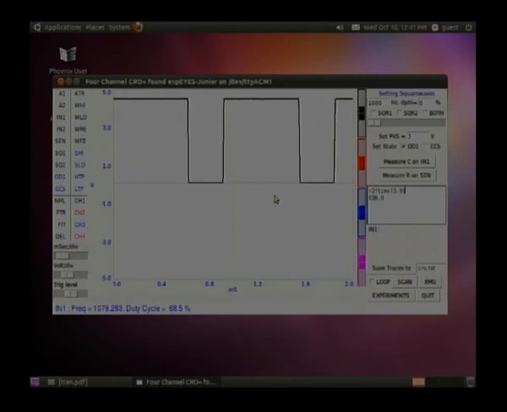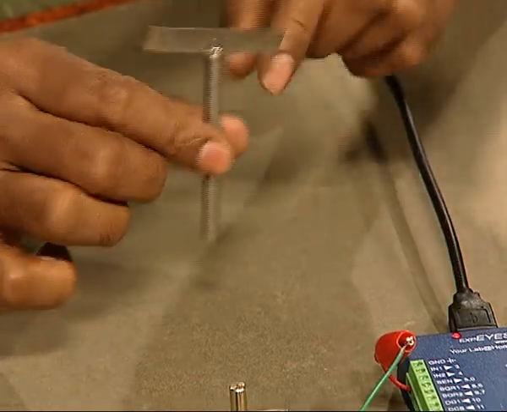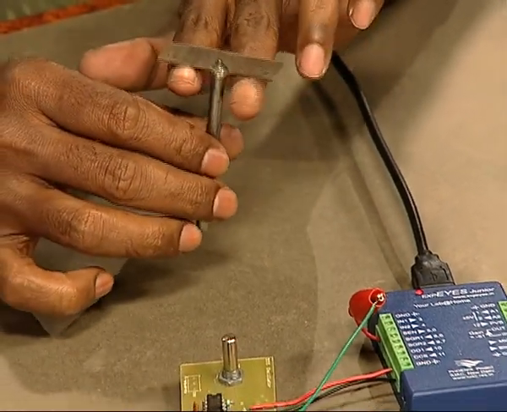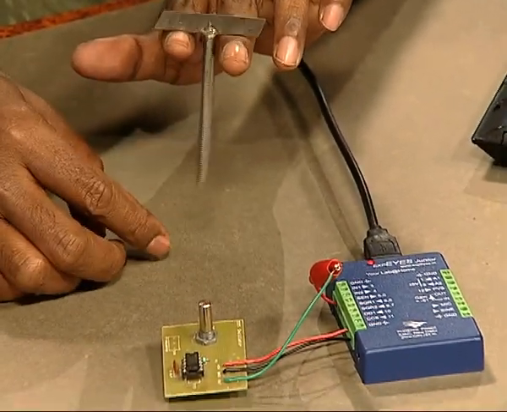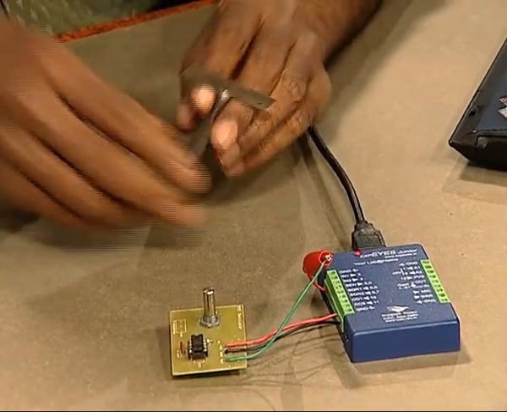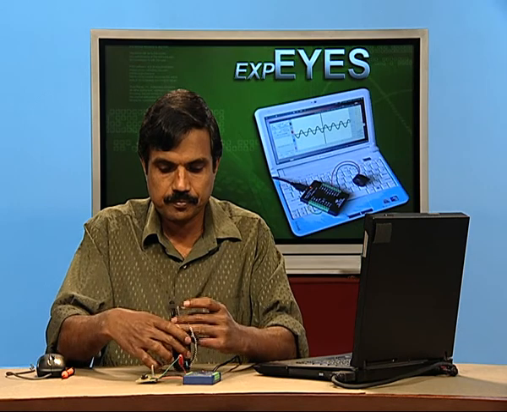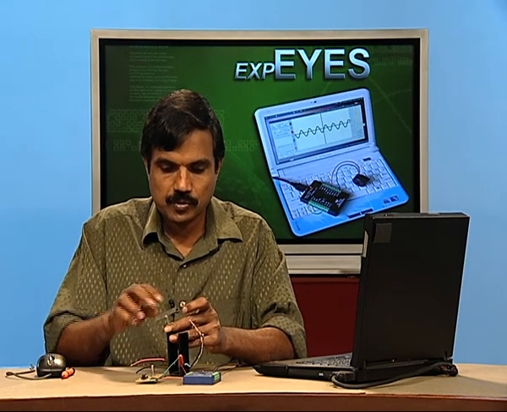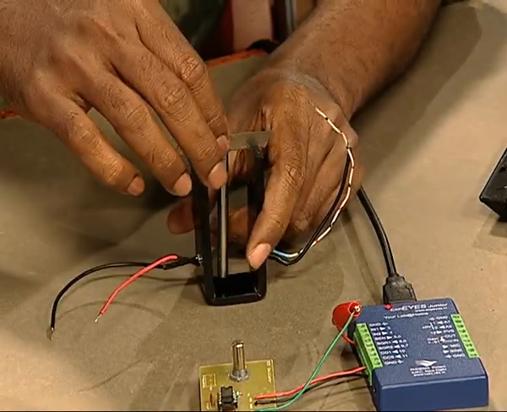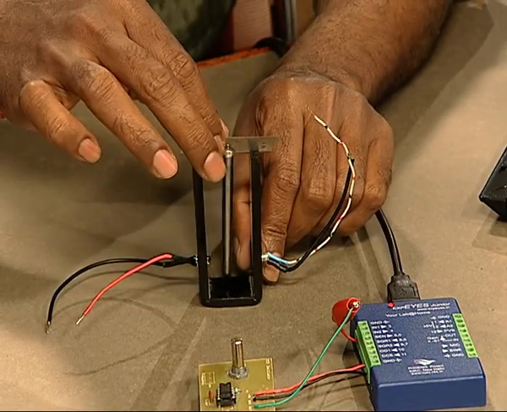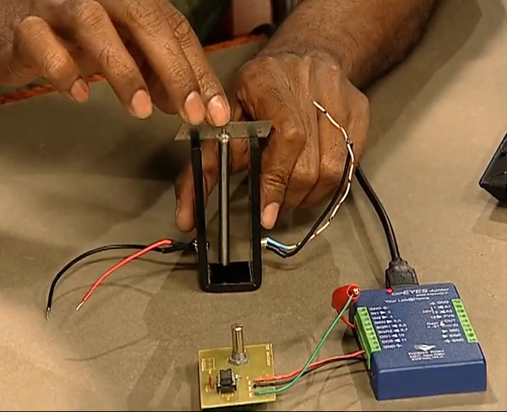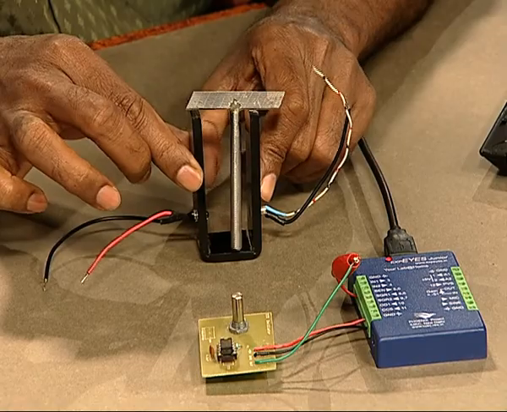Here I have a pendulum, a T-shaped thing, and if you put it on a knife edge it can be oscillated. I will put it on a stand. See, the pendulum is kept on this stand and it can oscillate like this.